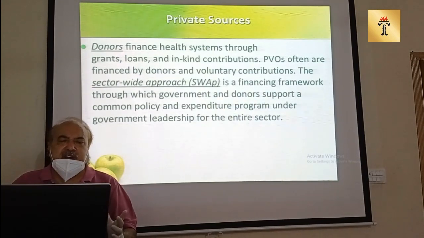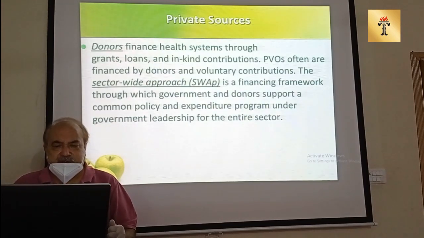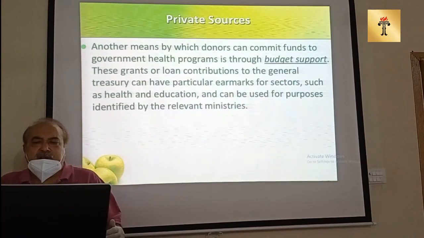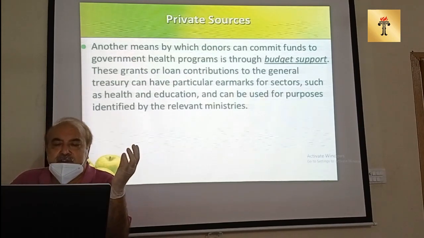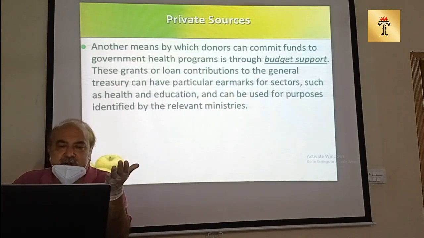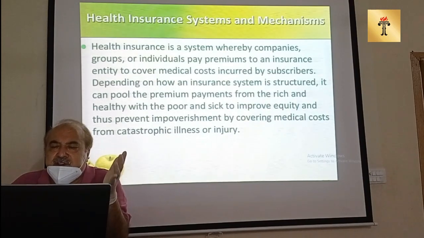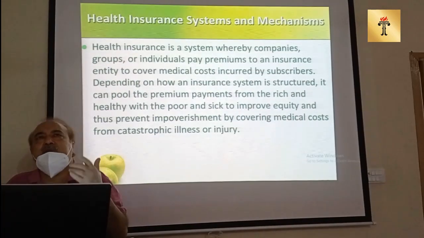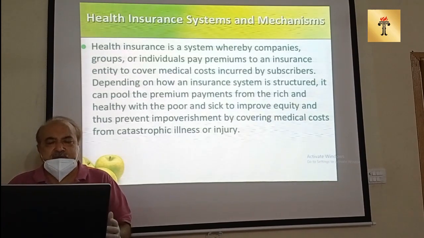Then in private sources there are donors which finance health systems through grants, loans and in-kind contributions. The donors can also support the health budget directly through loan contributions. I already told you. Then there are the health insurance systems and mechanisms, which you already know. There are private organizations doing this, and they provide the system.